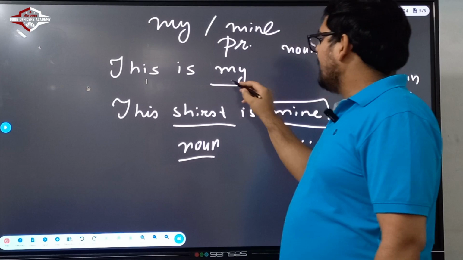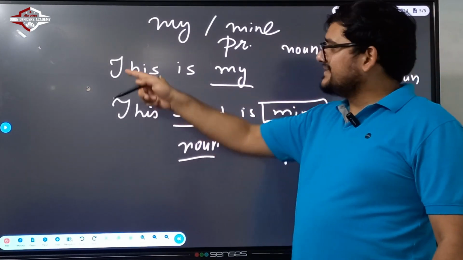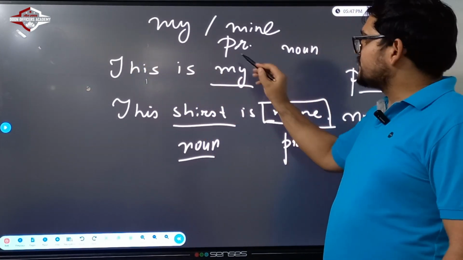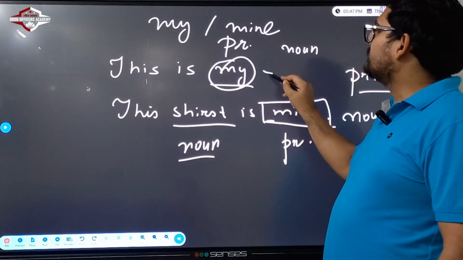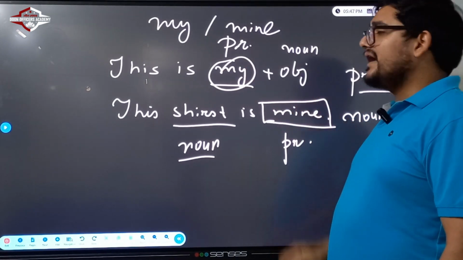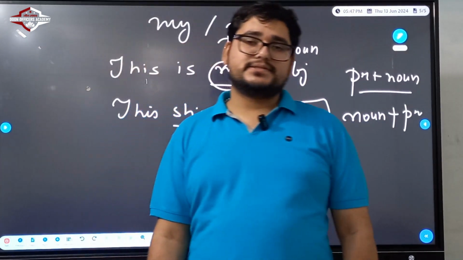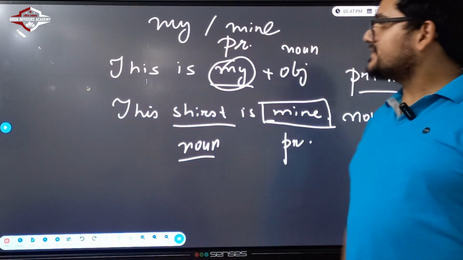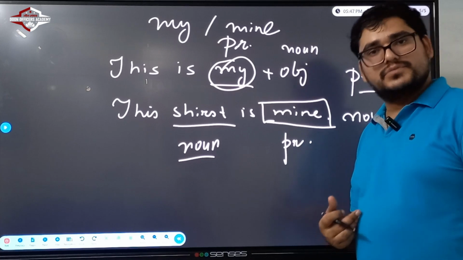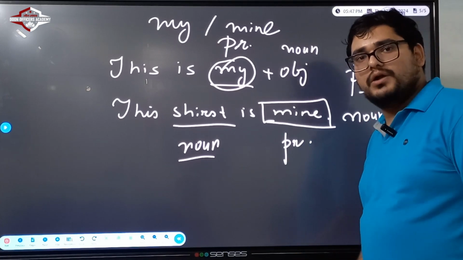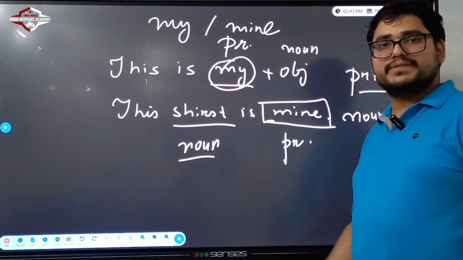The word my is incomplete here, or this sentence is incomplete. This word my requires an object here. It requires a noun. Then only the sentence can be completed, right? This is my what? Shirt, pen, book, school, class, anything, right?